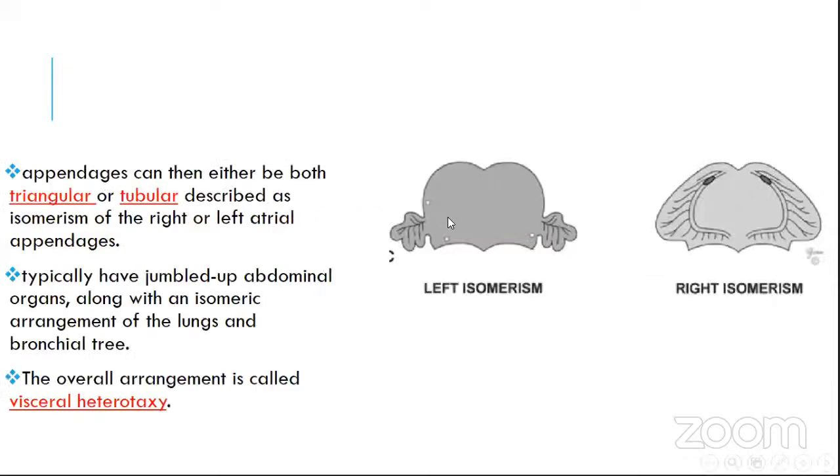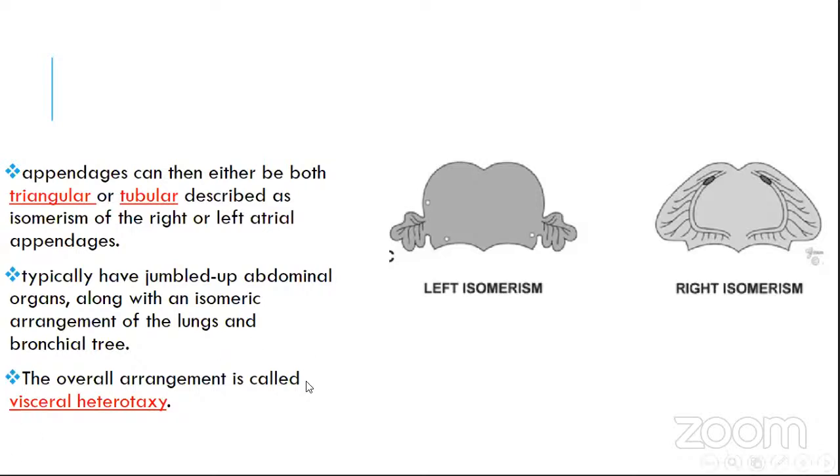If the appendages are both right (triangular) or both left (tubular), this is described as isomerism of the right or left atrial appendage. Typically there are isomeric arrangements of the lungs and bronchial tree along with the abdominal organs.